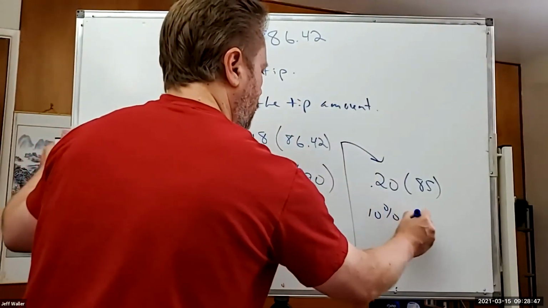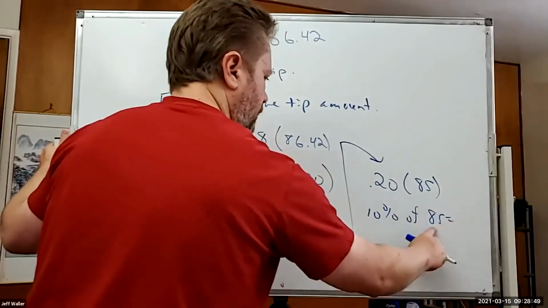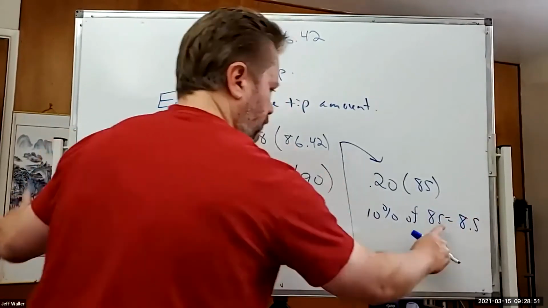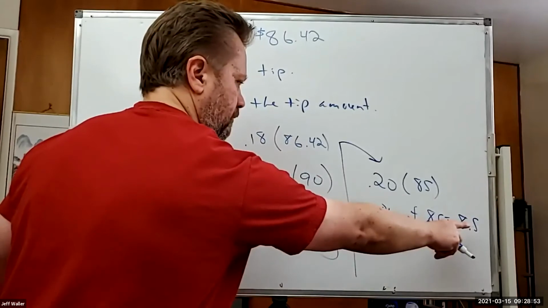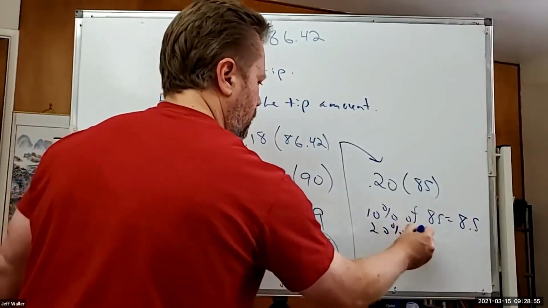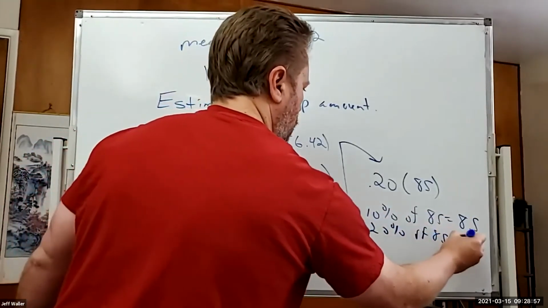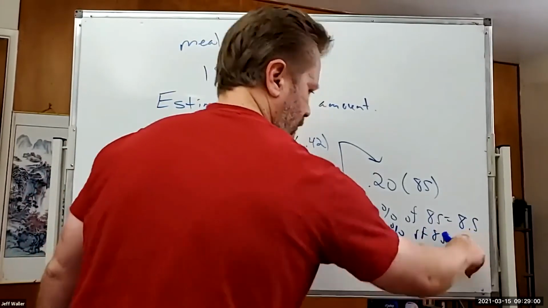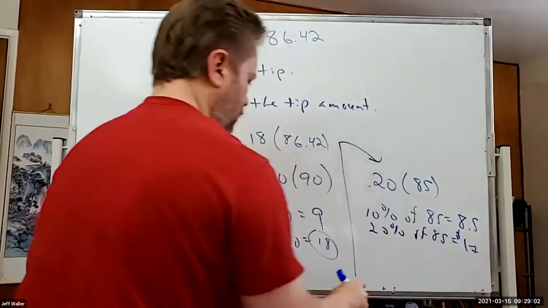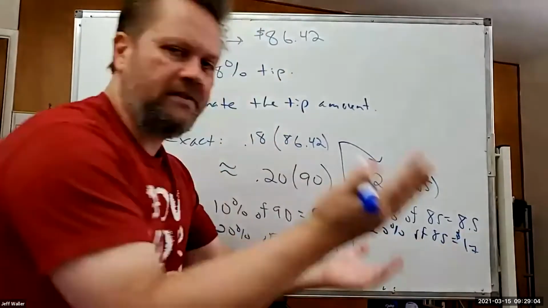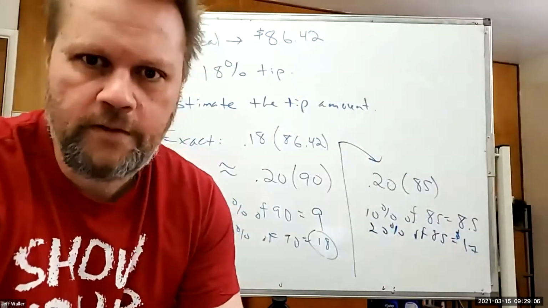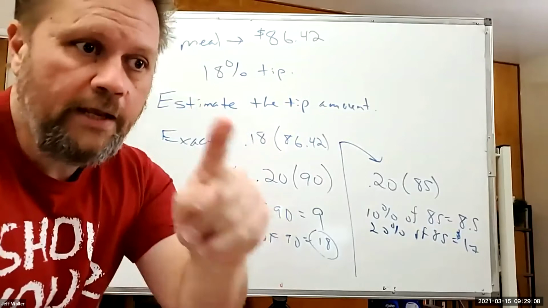Now watch, this is still not that bad. What's 10% of 8.85? That's 8.5. Divide by 10. So 20% would just be twice that, it would be 17. So $18, $17, it's all the same. I like the point you just made.